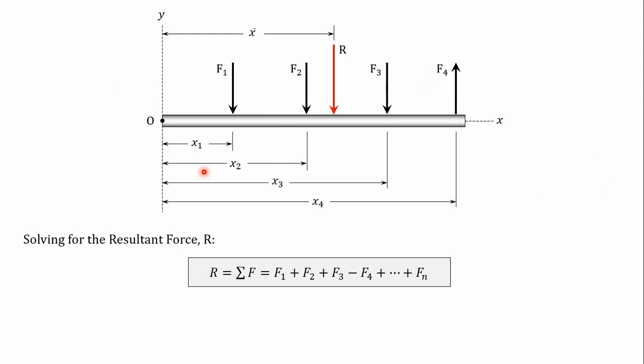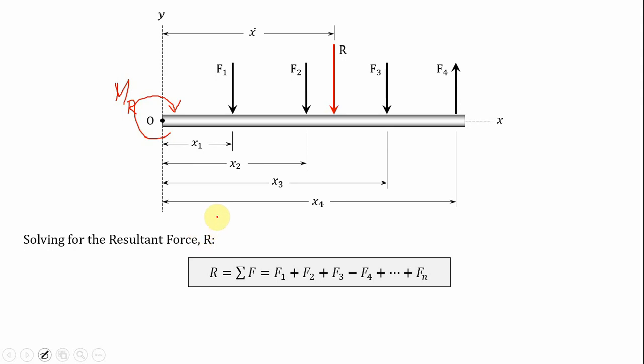And then what I will do, class, is isolate this R, our R. The moment it produces is a clockwise moment. Let's call it MR, the moment produced by the resultant force.